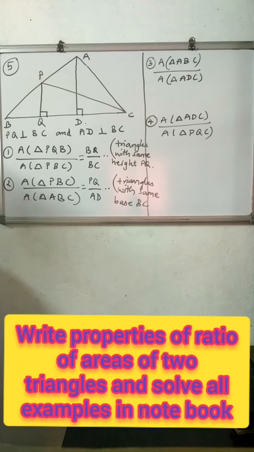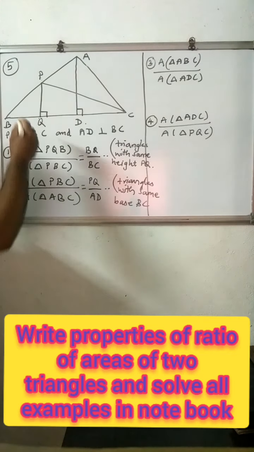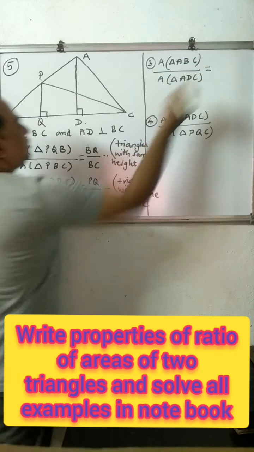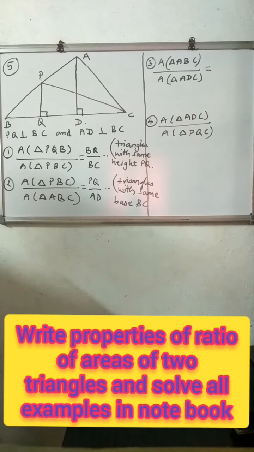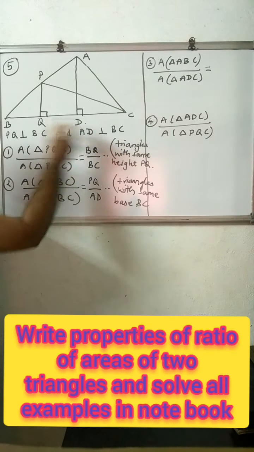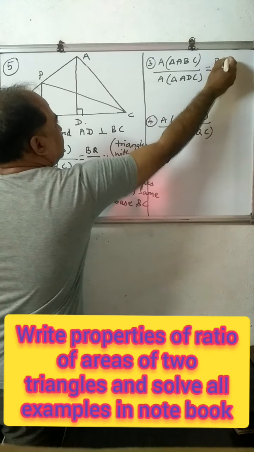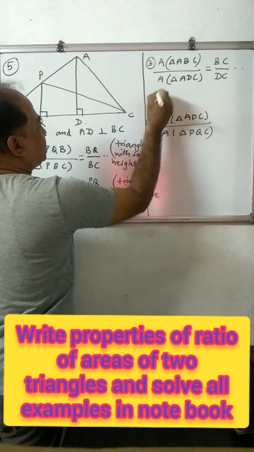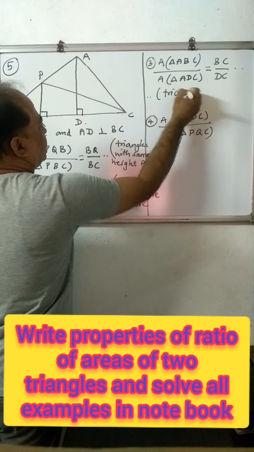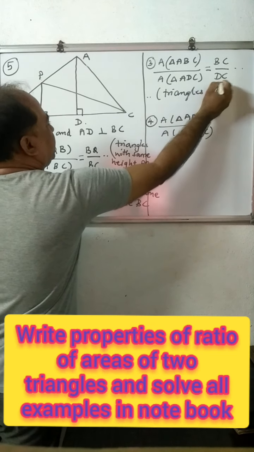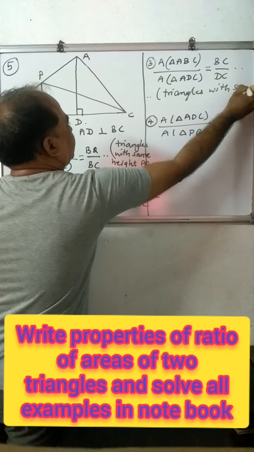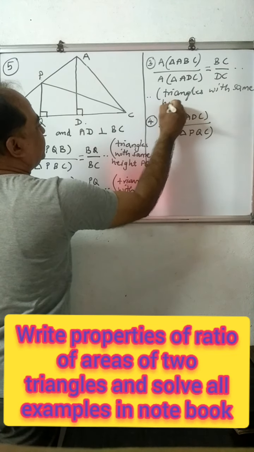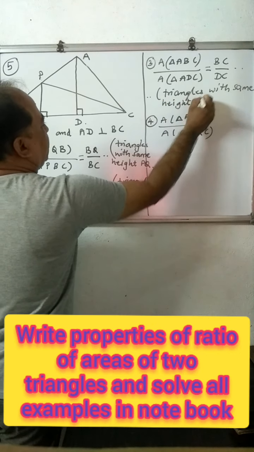So here height is same. So ratio of area of two triangles with same height is equal to ratio of their corresponding bases. So base BC upon DC. Reason: triangles with same height AD.